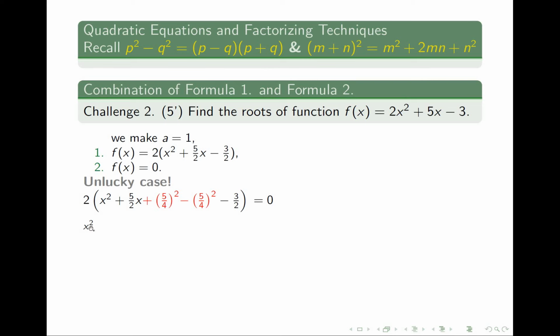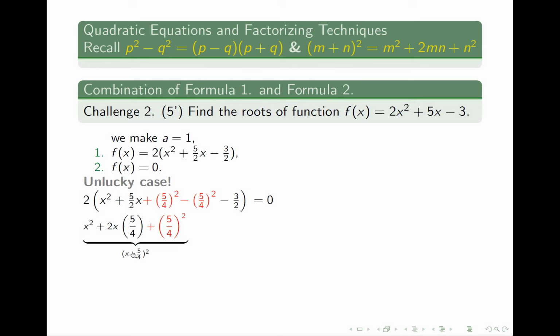So again, we can rewrite these first three expressions as this one. So x squared plus 2x times 5 divided by 4 plus (5 divided by 4) squared, which is equivalent to this formula, where m is equivalent to x, and n is equivalent to 5 divided by 4.